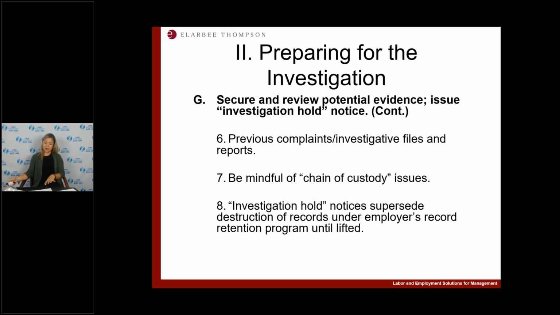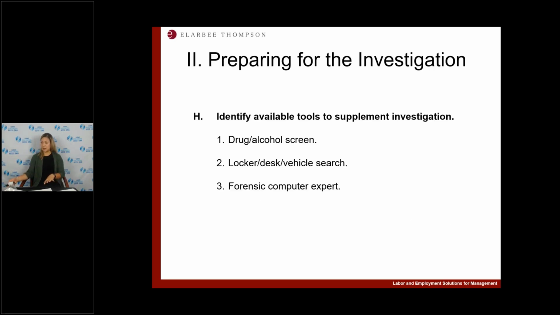Okay, so also consider the tools you can supplement an investigation with. You've already been doing your document review, your review of all pertinent videos, documents, everything like that. You're conducting interviews. And depending on what the allegations are, some other things might be relevant.